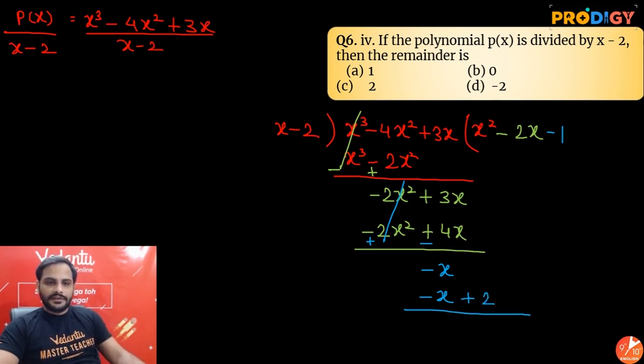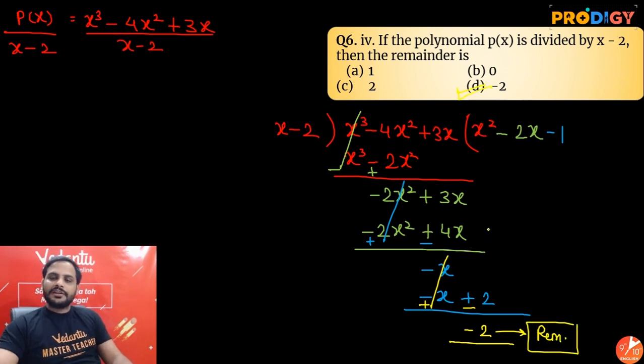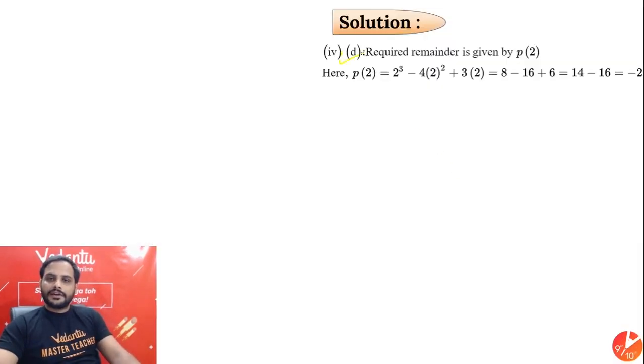Let us change the signs. So here it will become plus, here it will become minus. This got cancelled. As the answer, your remainder is minus 2. That means option D is your correct answer, that is minus 2. Look, beta, questions are very easy.